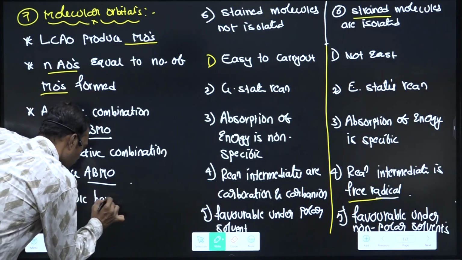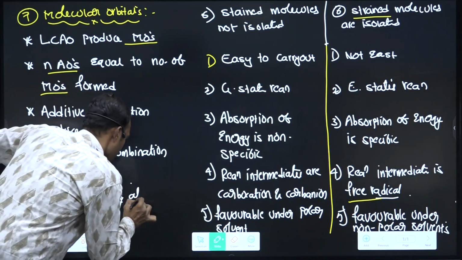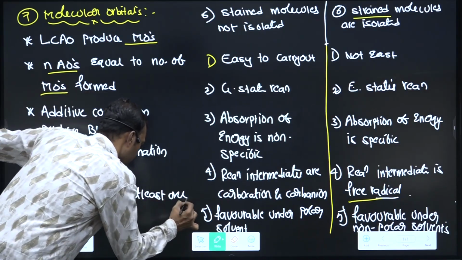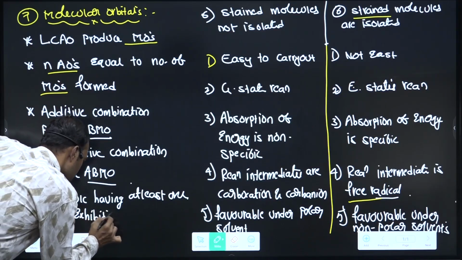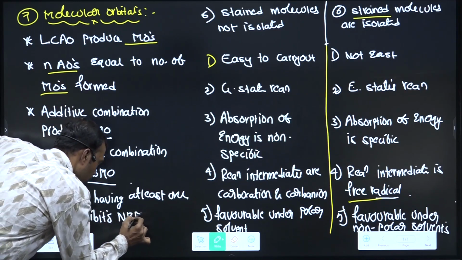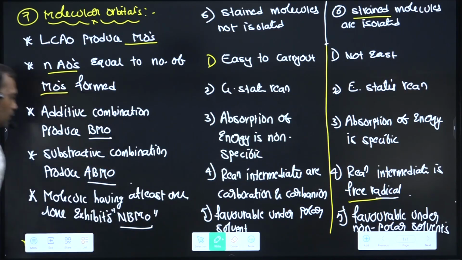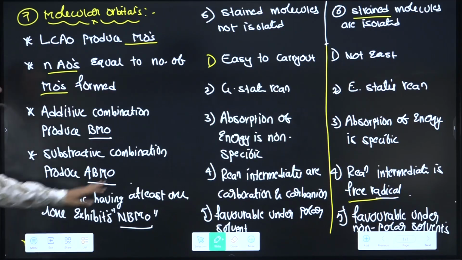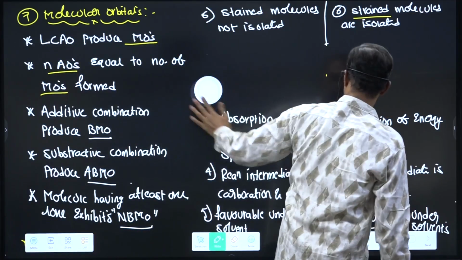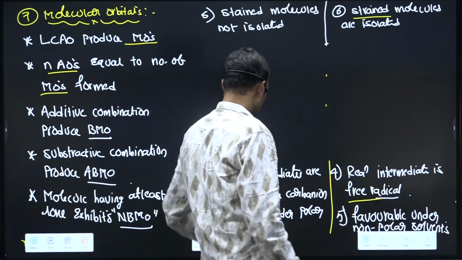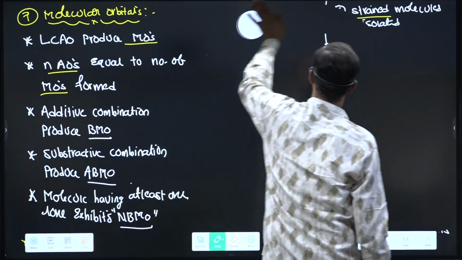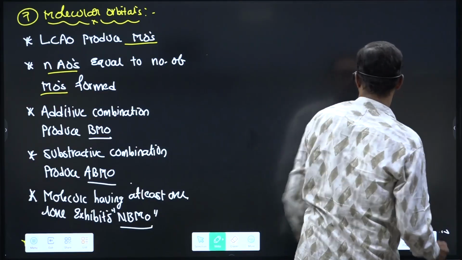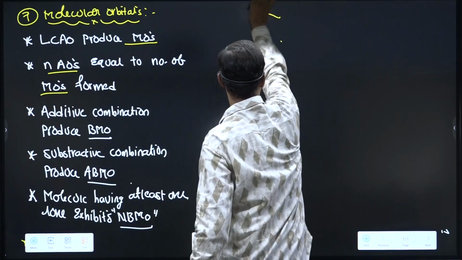Suppose a molecule has at least one lone pair, it exhibits a non-bonding molecular orbital. If any molecule has a lone pair, one non-bonding molecular orbital is available. So always which energy is very high?